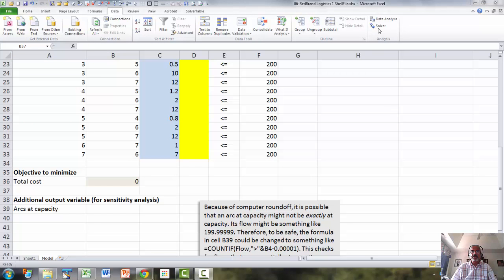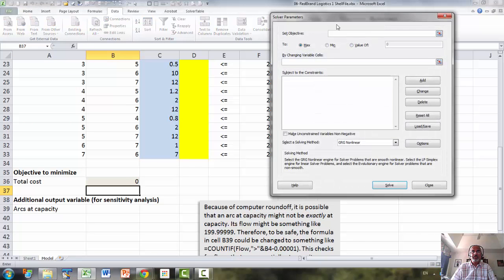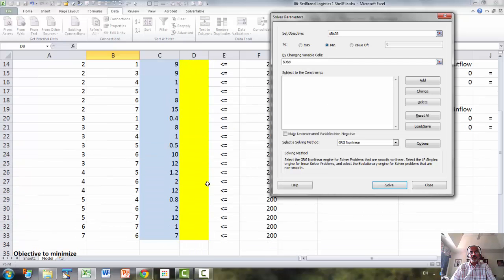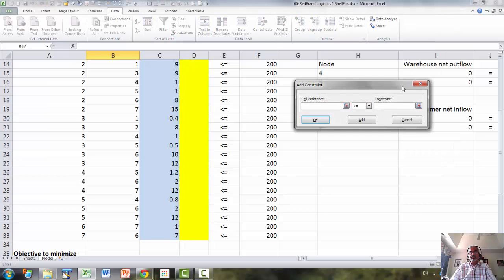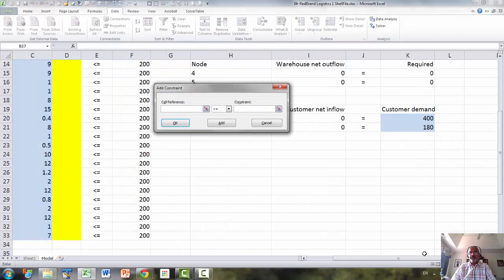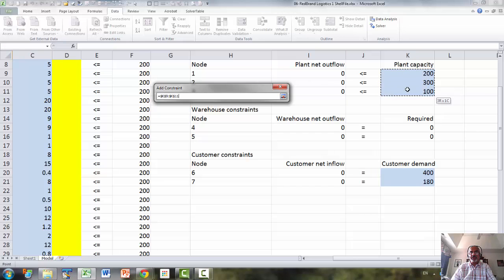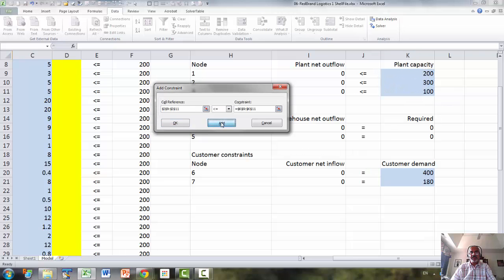Now let's run Solver. Total cost is the objective function. We want to minimize that, and flow is the changing cells. For the constraints, we have the net outflow for the origins must be less than or equal to the plant capacities.